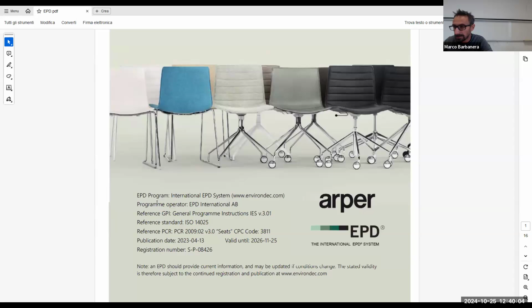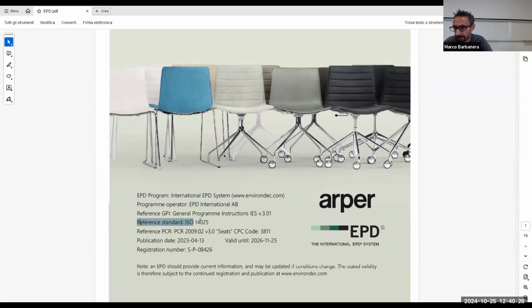In this document, you can find the name of the organization that manages the certification scheme, the Swedish organization. The name of the Swedish organization is this one, EPD International AB.